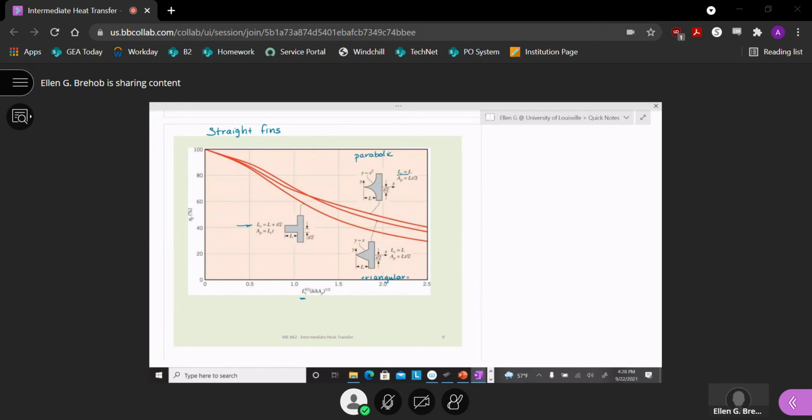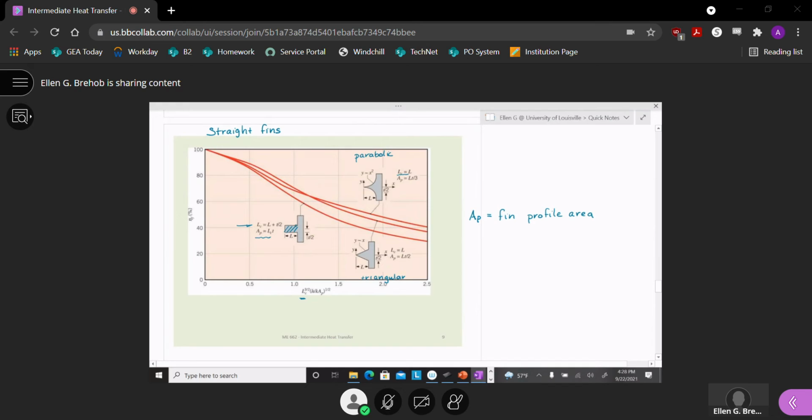Okay. So just for this discussion's sake, this A_P is the profile area. And what they're showing, it's easy to think of in this one, is this area.